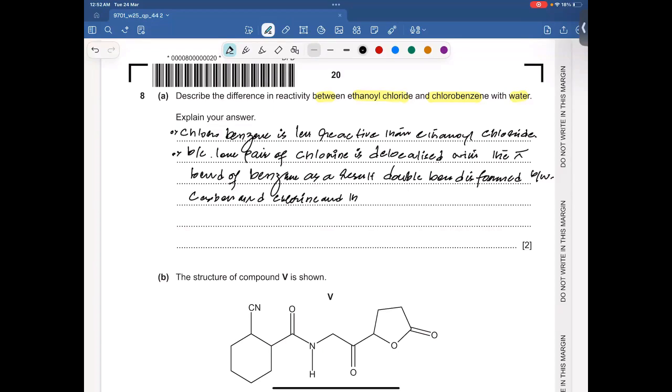And this makes the bond stronger. That's a lot of explanation. If you want each and every word, that's a lot of explanation actually for 2 marks.